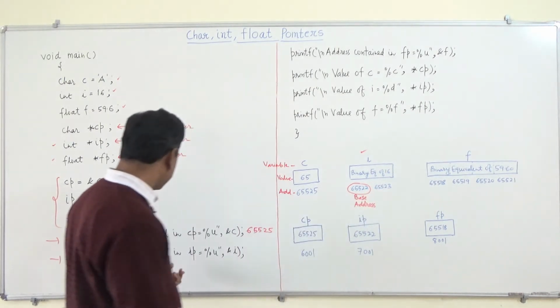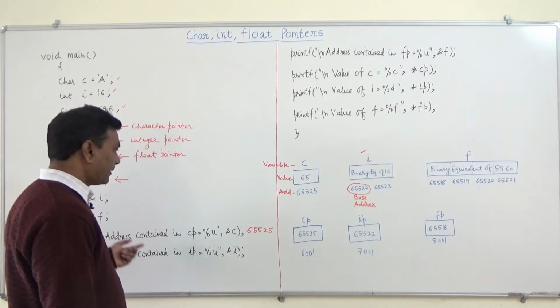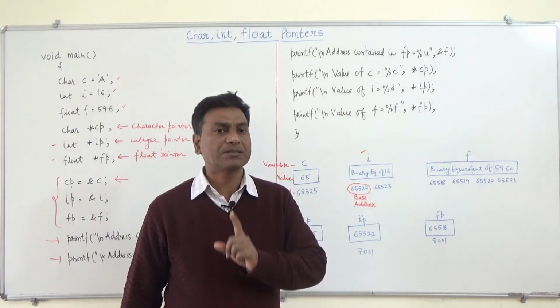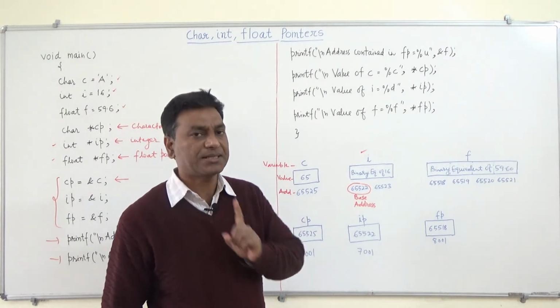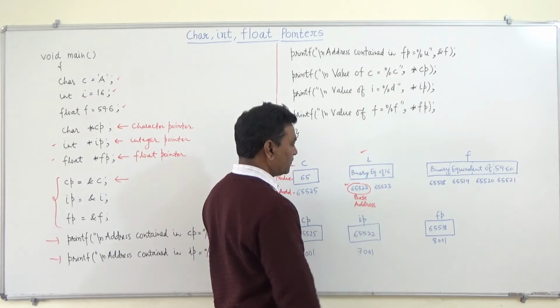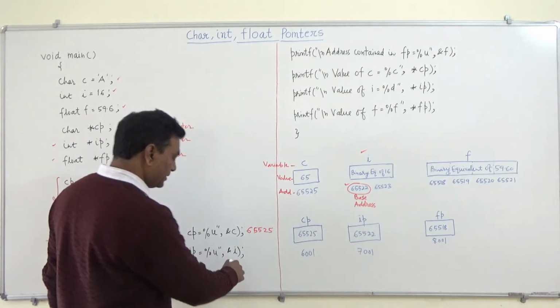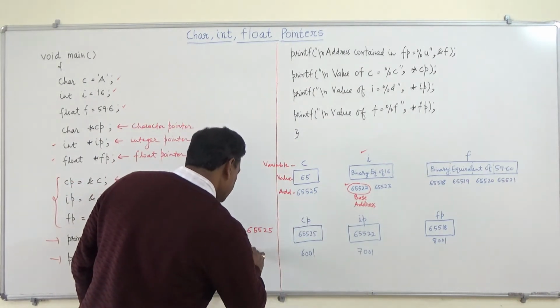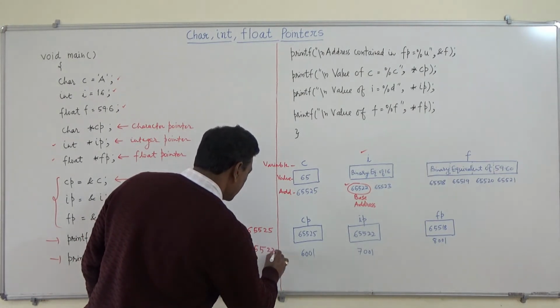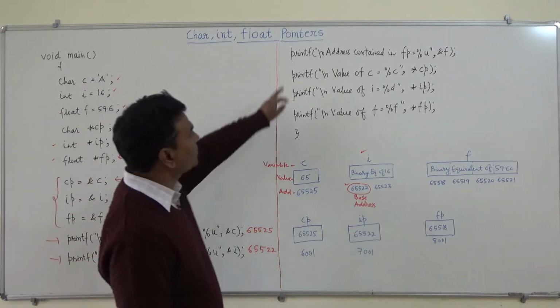But this integer pointer will hold only, or we can say it will store, the first address, that is the base address. So its value will be 65522. So it will print 65522.